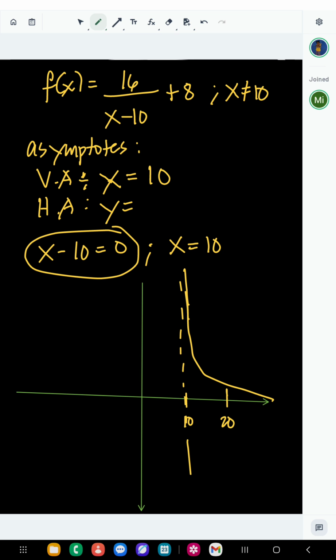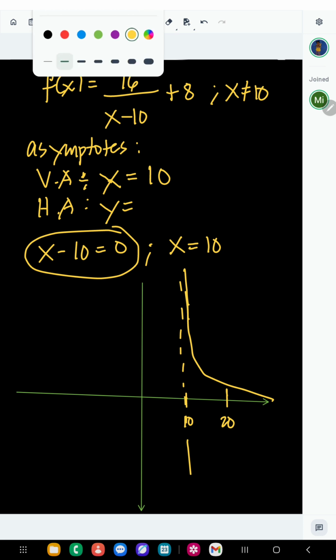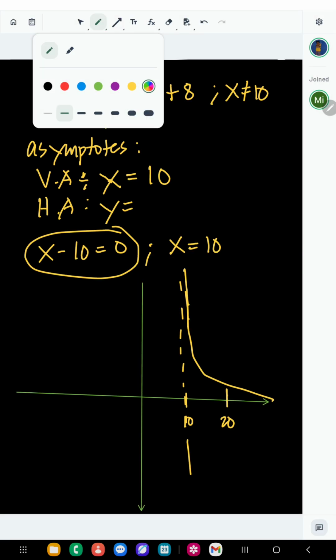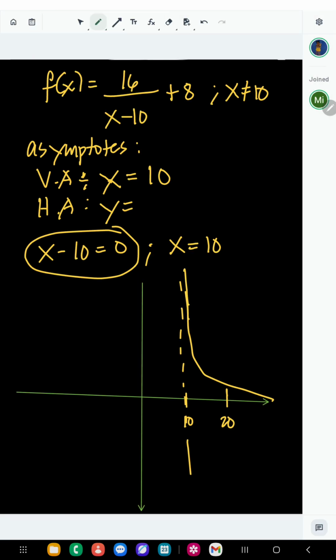So x approaches infinity, or x approaches negative infinity. And it depends on the degree of the given function. Okay, so take note that there are rules in finding the horizontal asymptote. It depends on the degree of the numerator and denominator.